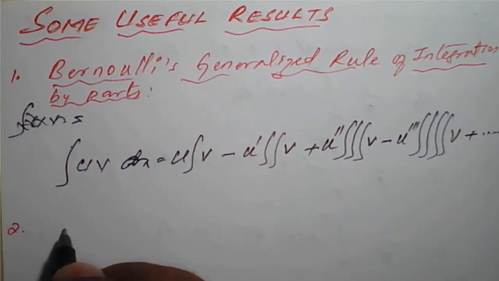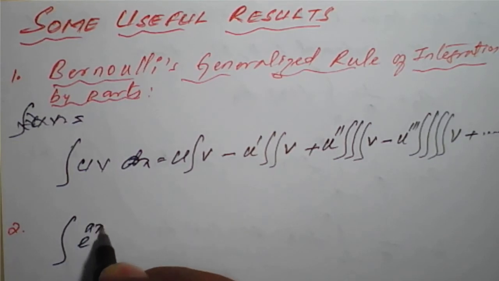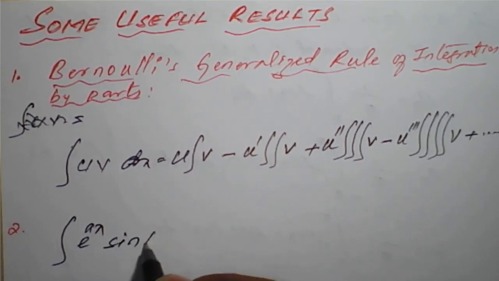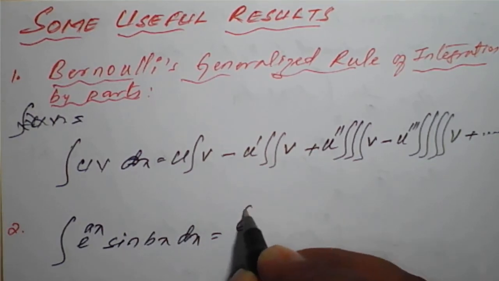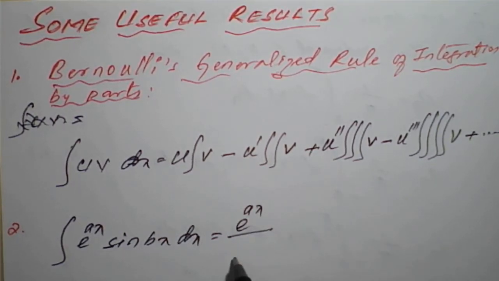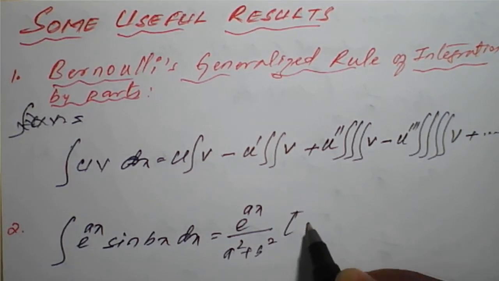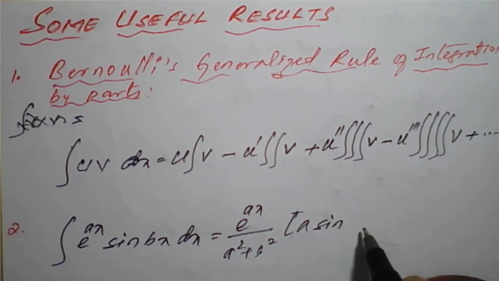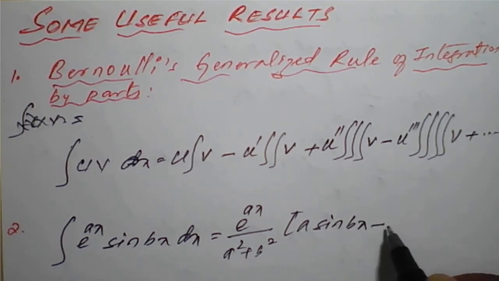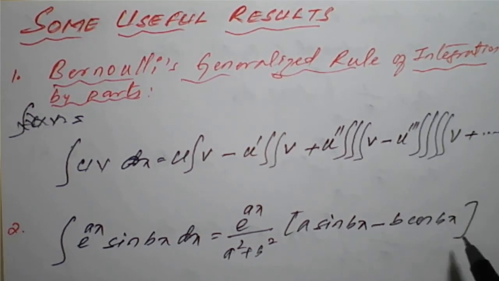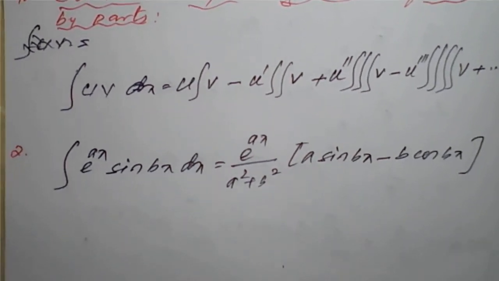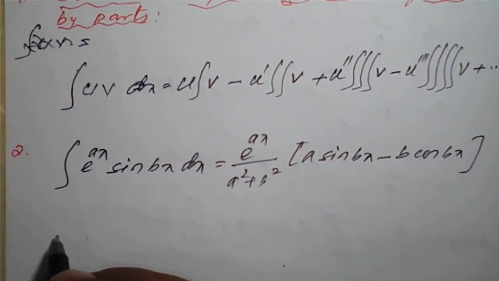The second result I will take here: integration of e raised to ax into sine of bx dx, which is nothing but e raised to ax divided by a square plus b square, into a sine of bx minus b cos of bx. This formula is very important in the Fourier series.